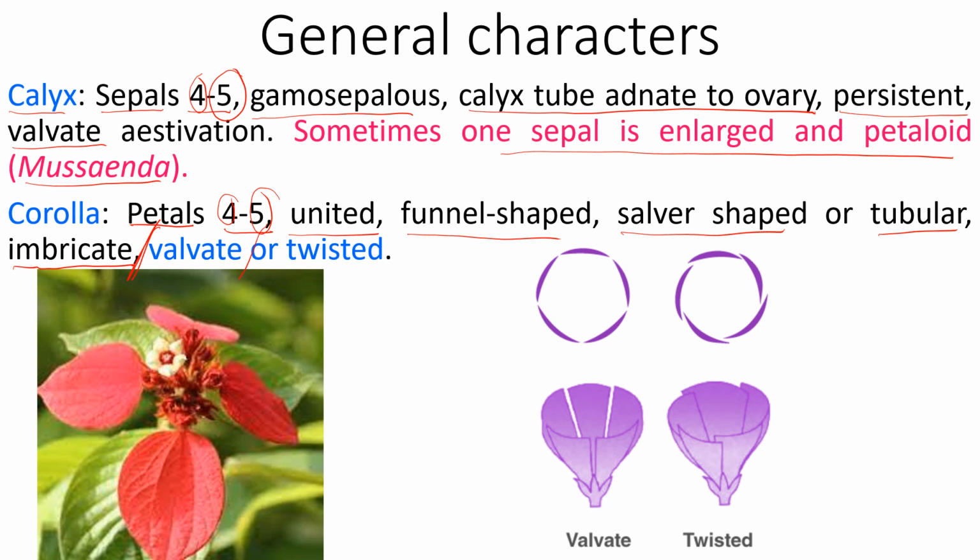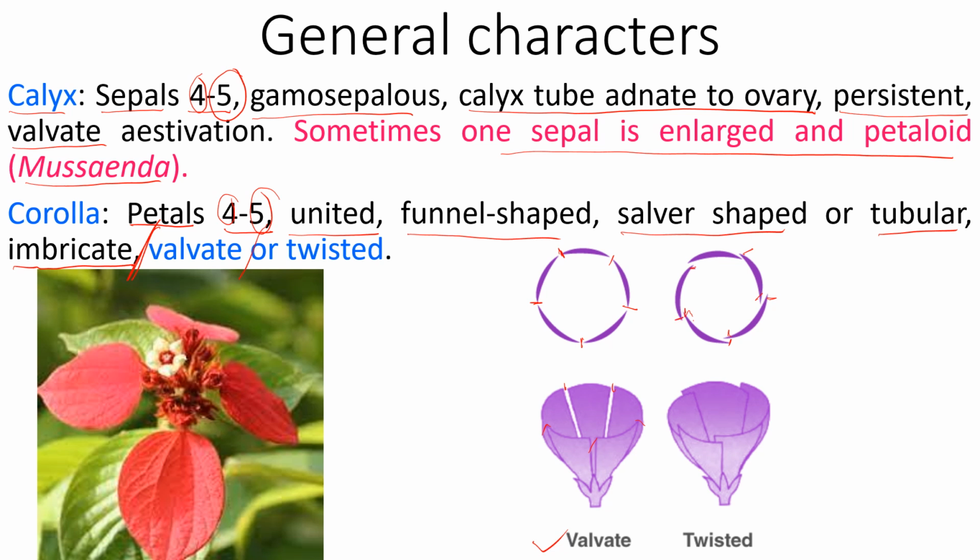Let us understand what valvate aestivation is. If you look here, the margins here, here, and here, there is no overlapping in the margins. So this condition is called valvate condition. And the twisted condition is where one side is out and the other side is in.